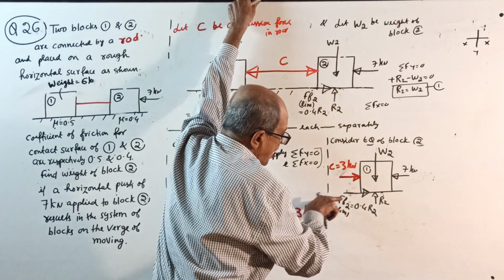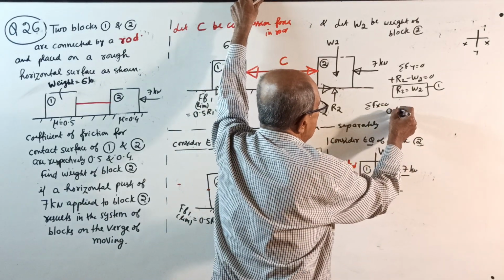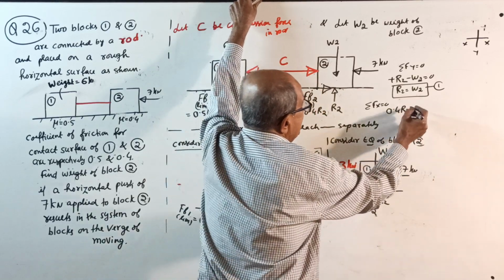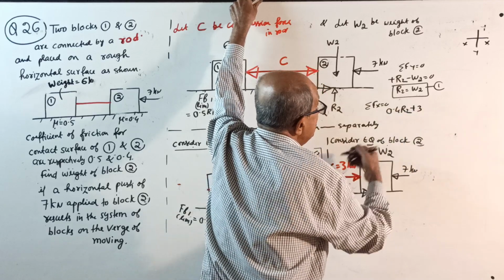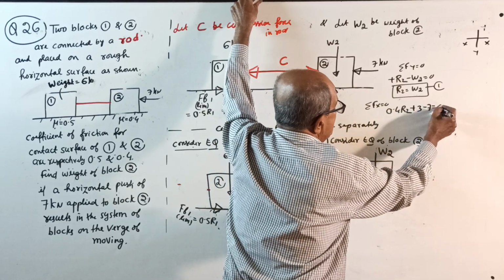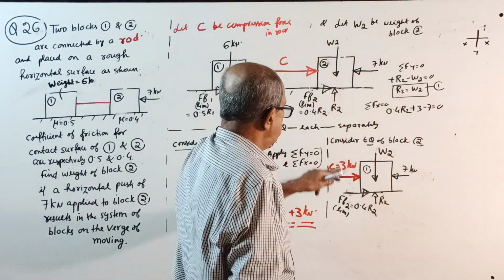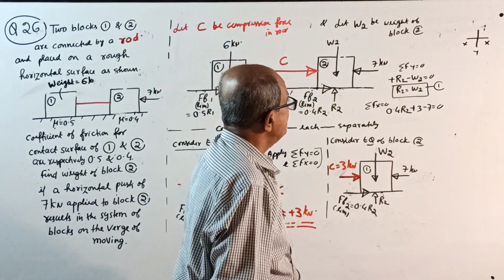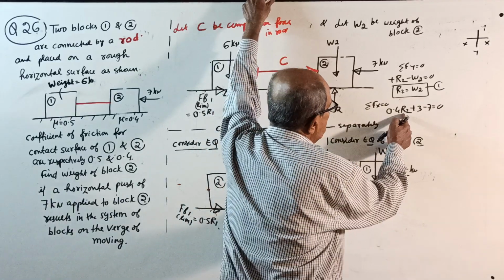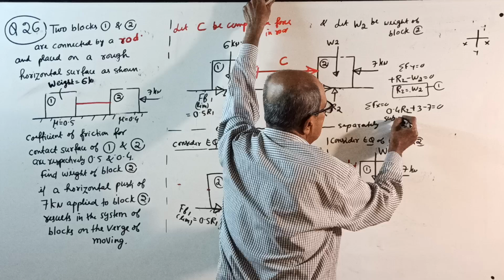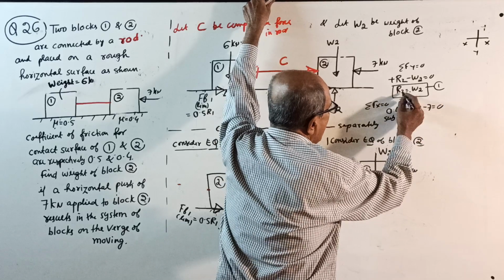What do you get? 0.4 R2 plus 3 minus 7 equal to 0. But see here, substitute equation 1, that is R2 equal to W2.